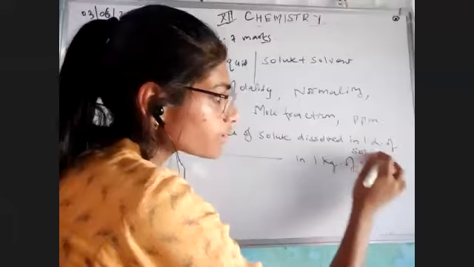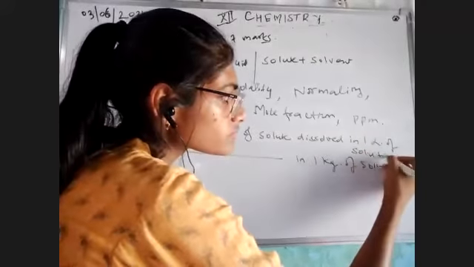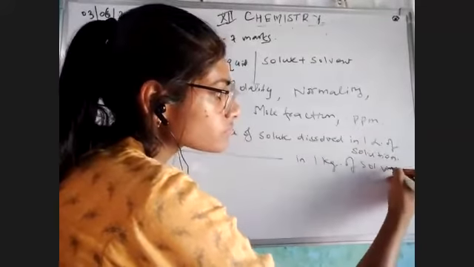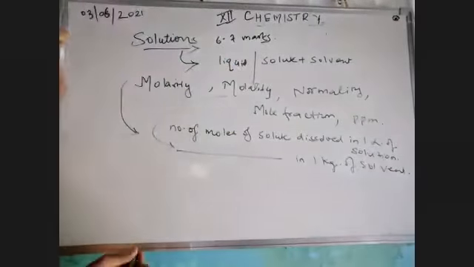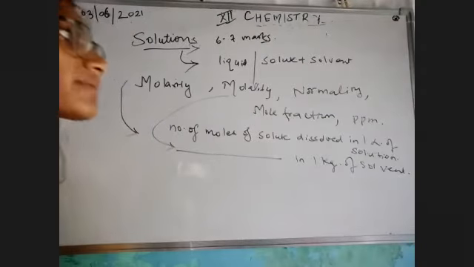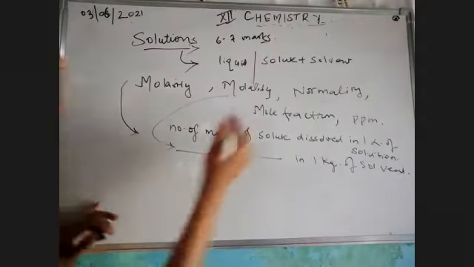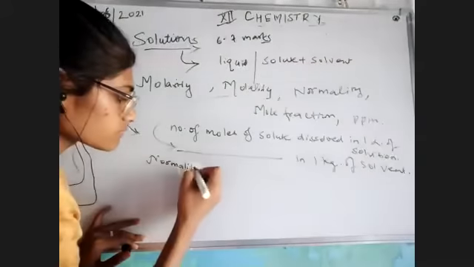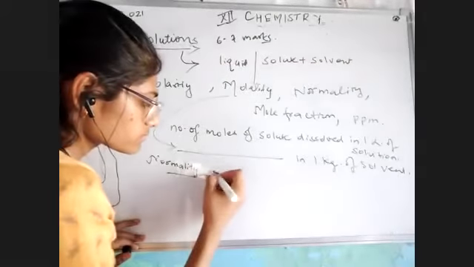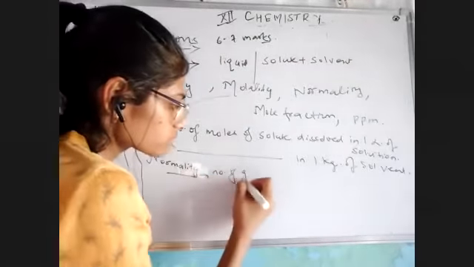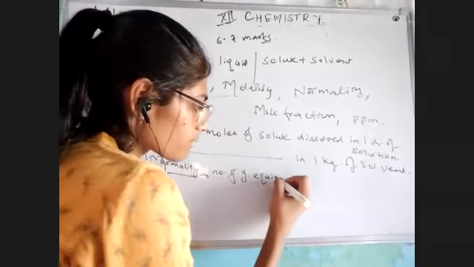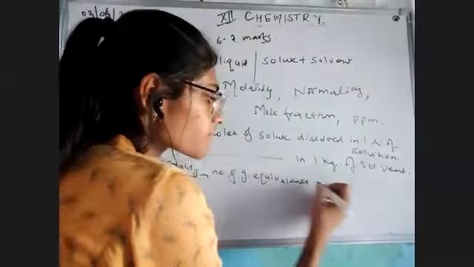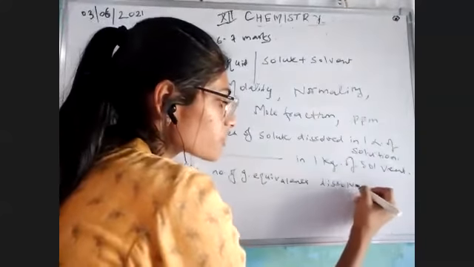Sorry, it's solution over there for molarity. Clear? Same as normality, which is defined as the number of gram equivalents dissolved in 1000 ml of the solution.